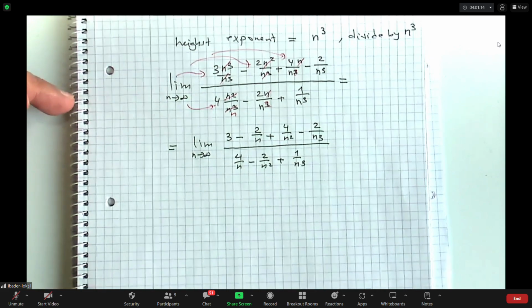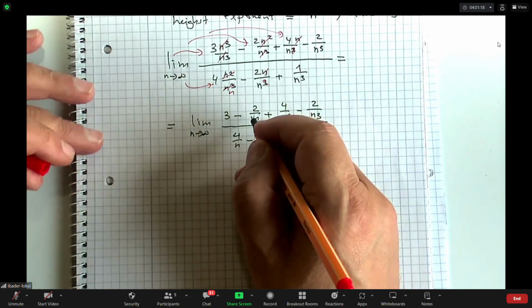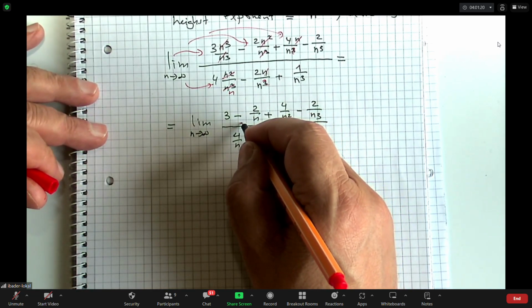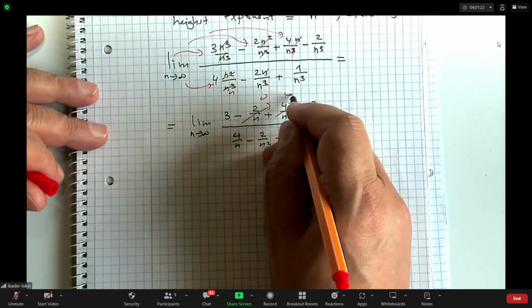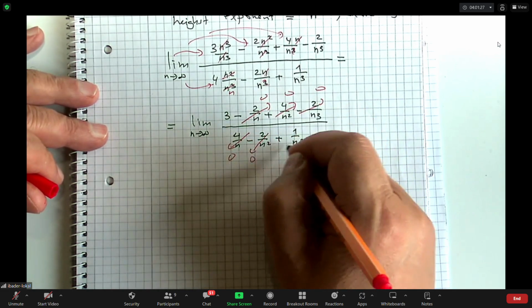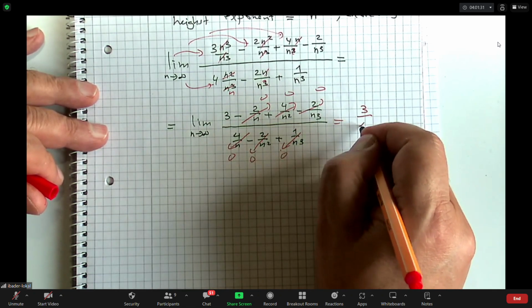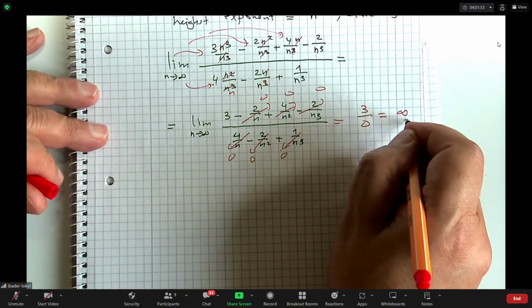Then I expand the limits here. Well, what we will ultimately get here is this is 0, this is 0, this is 0, this is 0, this is 0, this is 0. So ultimately I will be getting 3 over 0, and it is infinity.